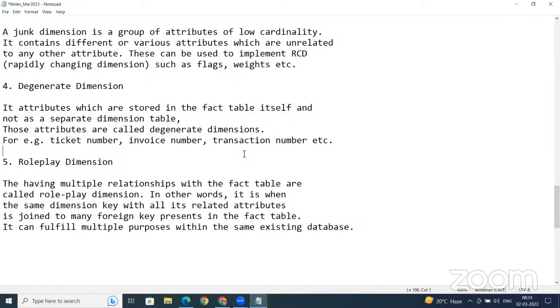The best example is foreign keys. It plays a major role in the dimension table, because the data moves from the dimension table to the fact table with the help of a primary key. So that is a role-playing dimension.